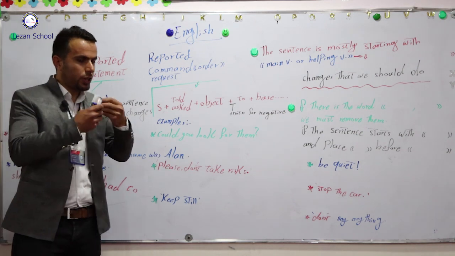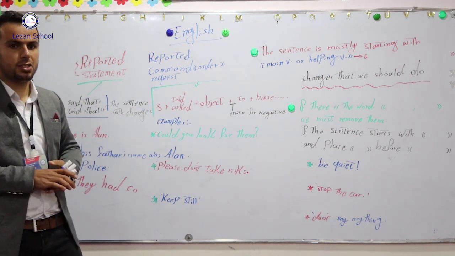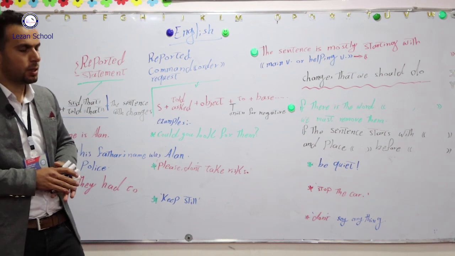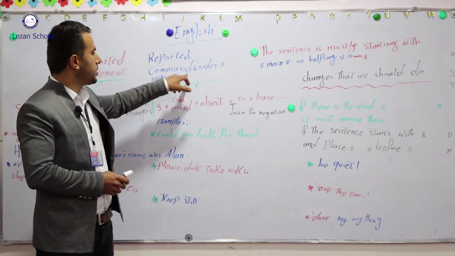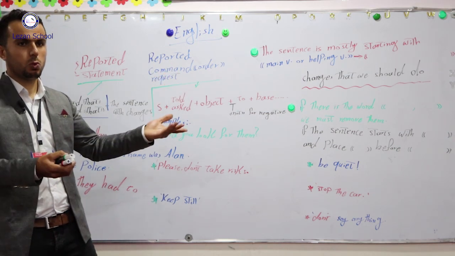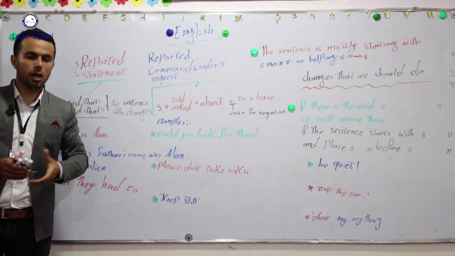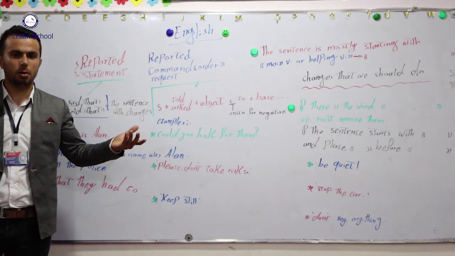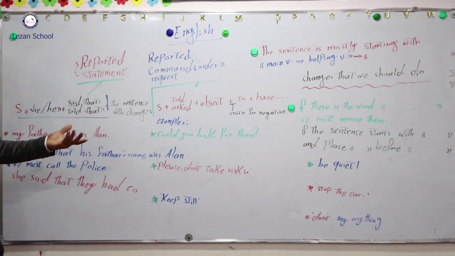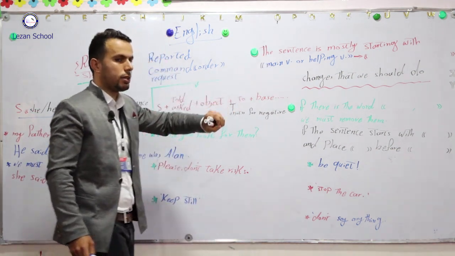How can we recognize the sentence which is a reported command or request? Reported command, we can't say reported order. It's an order, which means starting with a verb. Any verb, helping verb or main verb. Yes. Here is the rule.